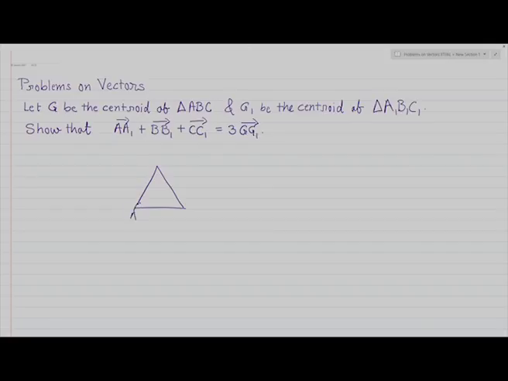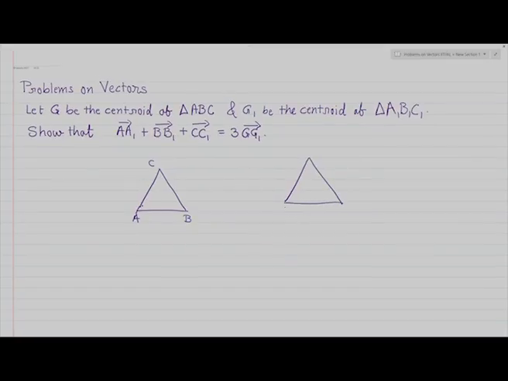This is triangle A, B and C. There is another triangle. It does not matter what kind of triangle this is. So, A1, B1 and C1. Okay. Let me use a similar notation for the geometric representation.